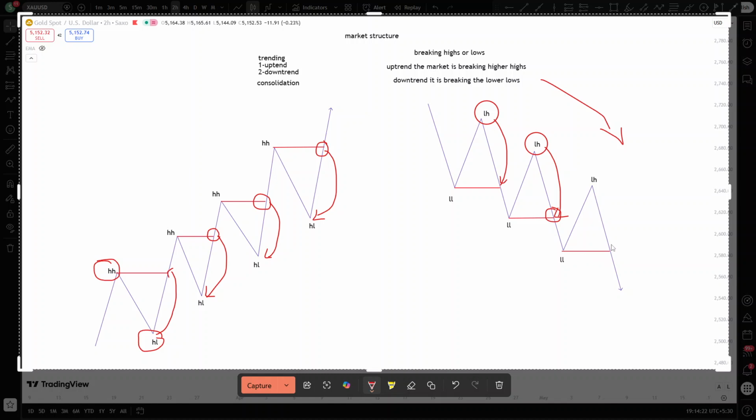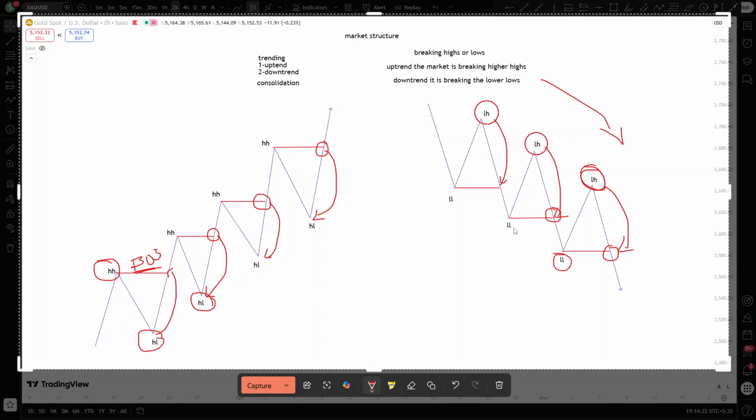When this price comes here and gives us a breakout, we are going to have the lower high. So you can never have the higher low or the lower high without the market giving you the breakout. So this breakout here, this is what we call break of structure.